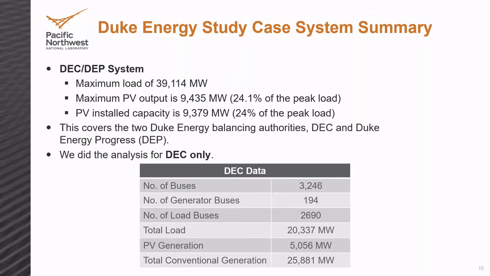In our simulation, we consider one of those balancing authorities, the DEC, which has about 3,000 buses or substations, about 200 power plants, or what we call generator buses, and about 2,700 load buses, and the load is about 20 gigawatts, and the PV penetration about 5 gigawatts. And the total installed conventional generation is about 25 gigawatts.